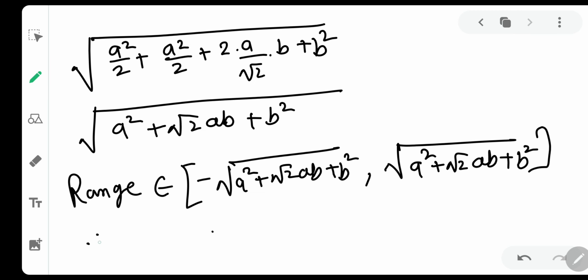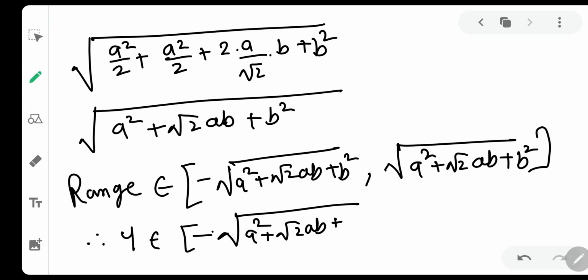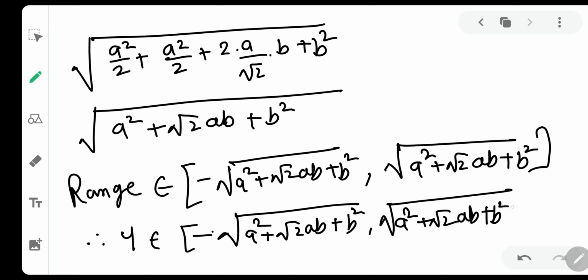Therefore I can say that y belongs to every number between this range, minus under root a square plus root 2ab plus b square, comma under root a square plus root 2ab plus b square. Okay, so we got the range, codomain, that is the set y which they have asked.